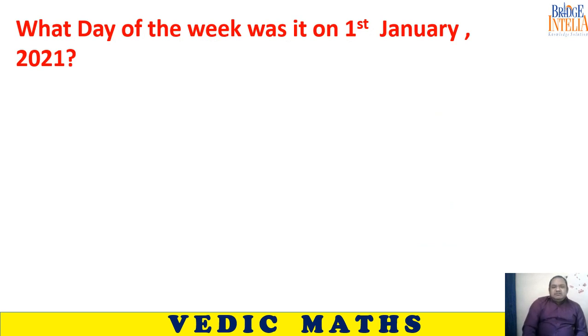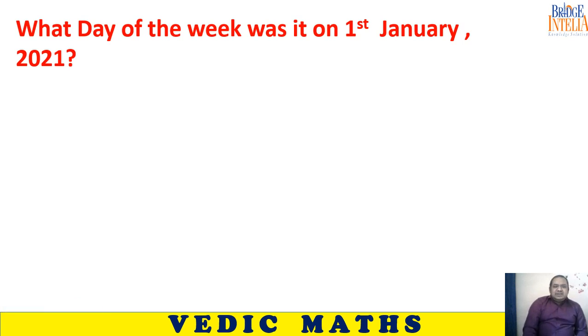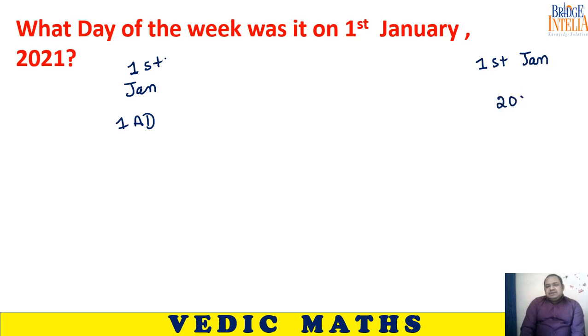Which day of the week was it on 1st January 2021? So you have to start counting from 1st January 1st AD, and you have to stop counting at 1st January 2021. Now understand something.